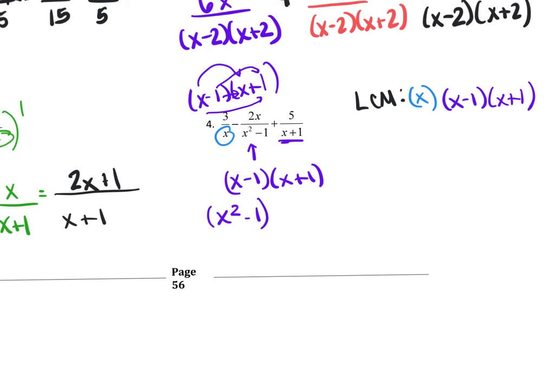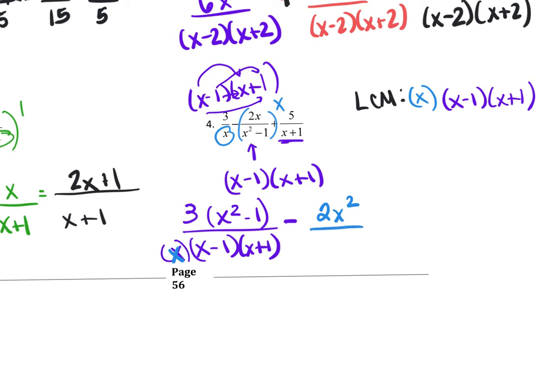We've already seen that down here from the factored form. And then I have that 3 sitting in the front of everything over x minus 1, x plus 1. Sorry, and I also have an x too, that x term. Here, this one is just missing the x term. So that'll be negative 2x squared over x times x minus 1, x plus 1.